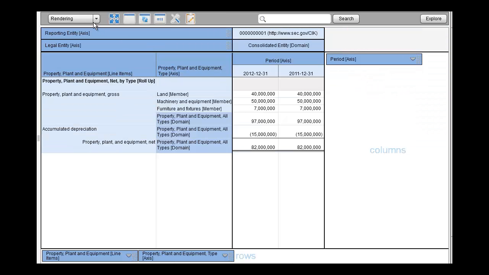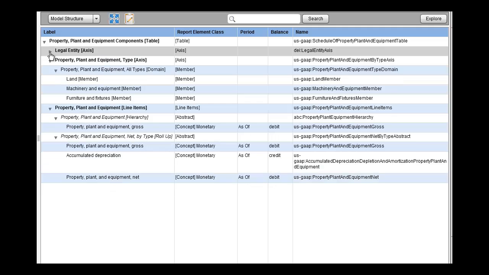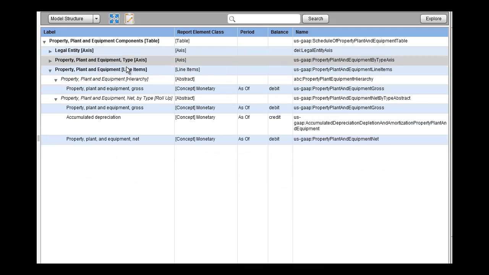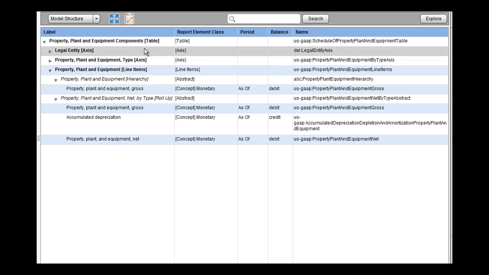So the point is that the fact tables are different for the different components because the representation is different. Two axes compared to one.